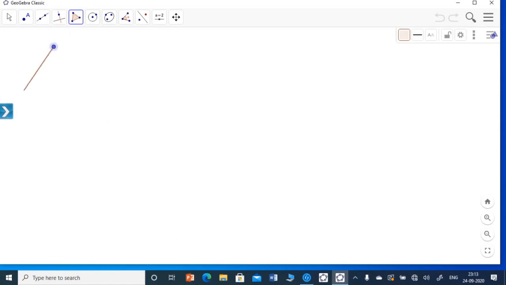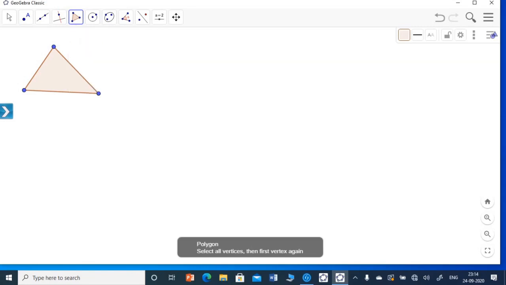Now let us draw polygons with different number of sides. Now this is a polygon having how many sides? 3 sides, and there are 3 vertices. And there are 3 angles. This is called a triangle. Tri means 3, 3 angles, so triangle.